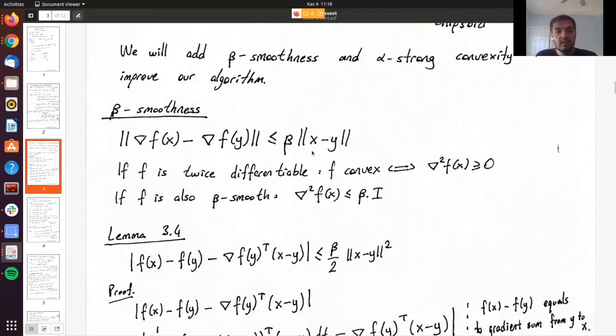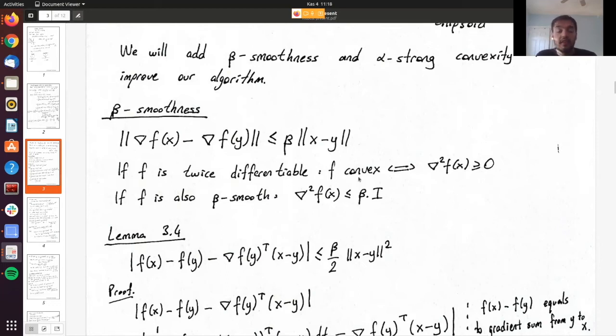This is the definition: the difference of gradients at two points should be smaller than beta times the distance on the convex set.